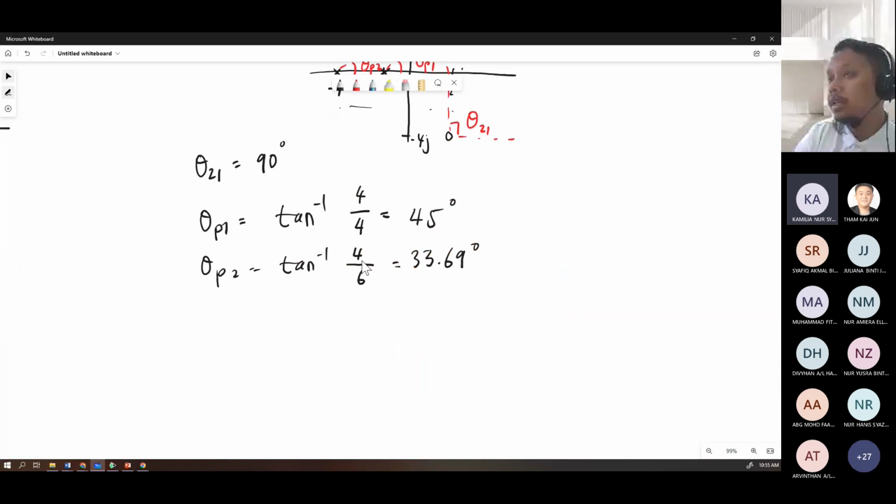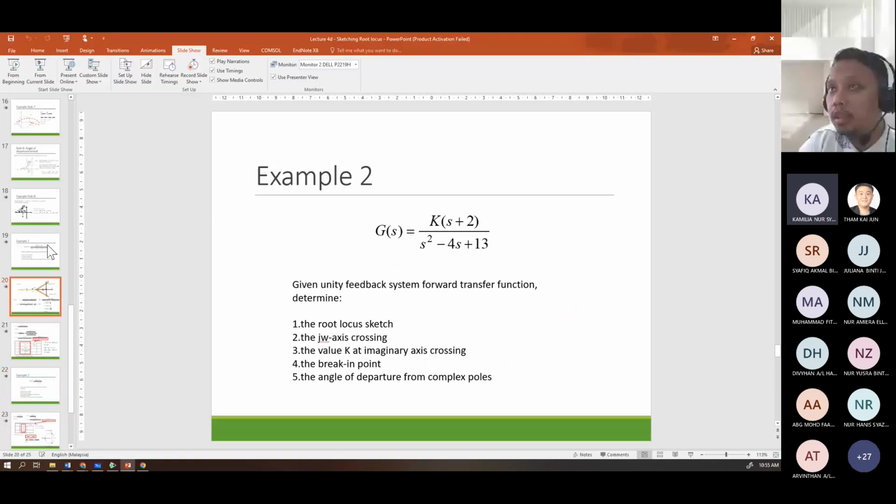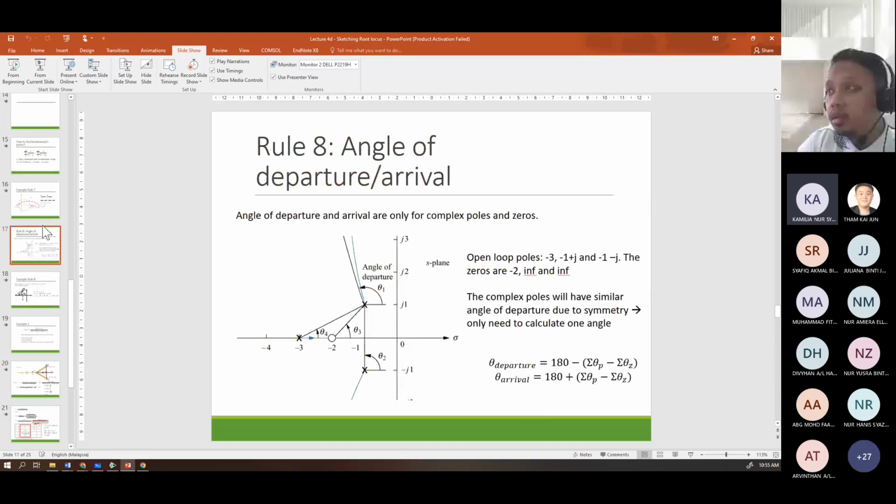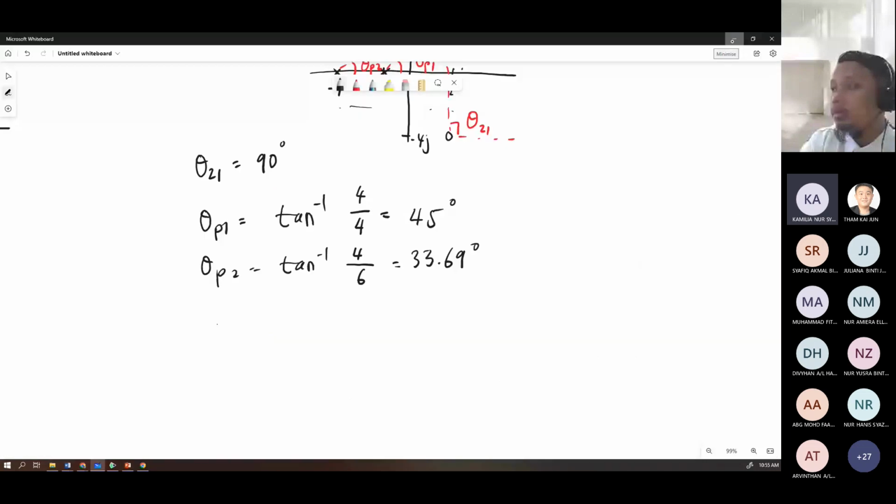So we get all of this, then we can use the formula from the slide. This one. So theta arrival equals theta P1 plus theta P2 minus theta Z1 plus 180.